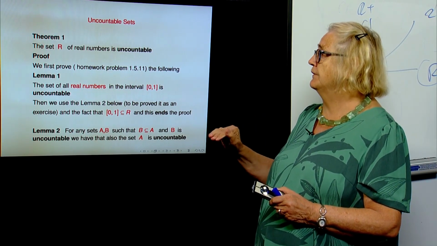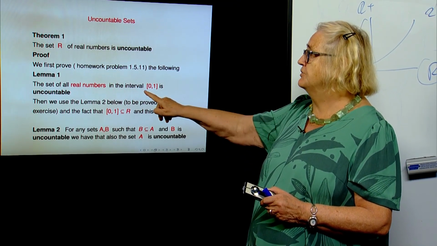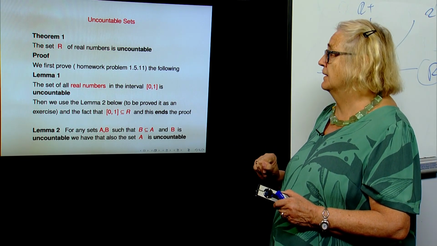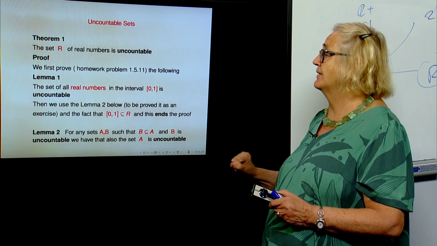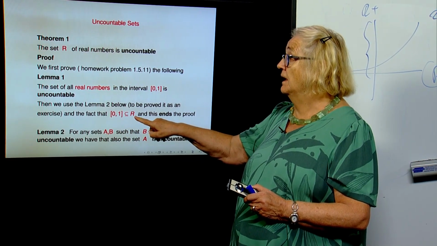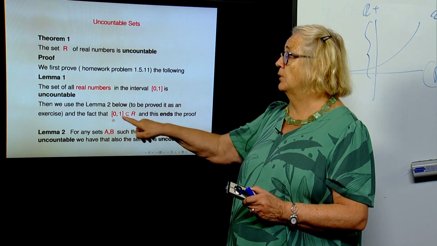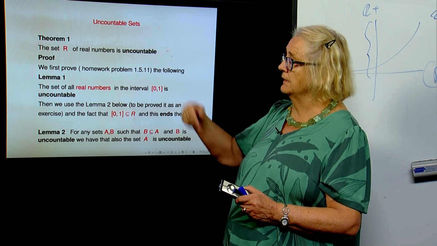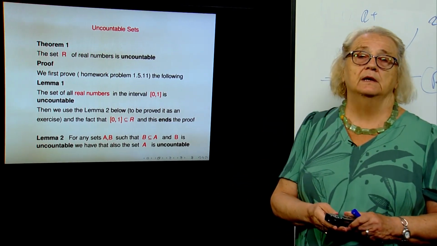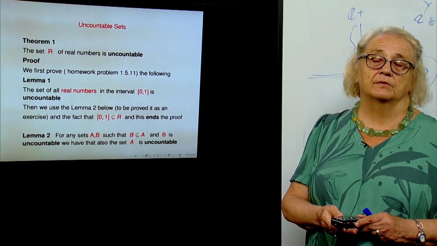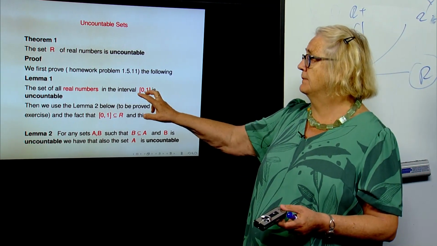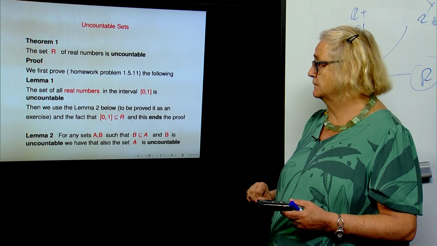We prove the real numbers in the interval 0, 1 are uncountable. And then, of course, 0, 1 is a subset of R. So if this is uncountable, R cannot be countable. So that we really will prove, it is an old Cantor proof, that the real numbers of 0, 1 are uncountable.